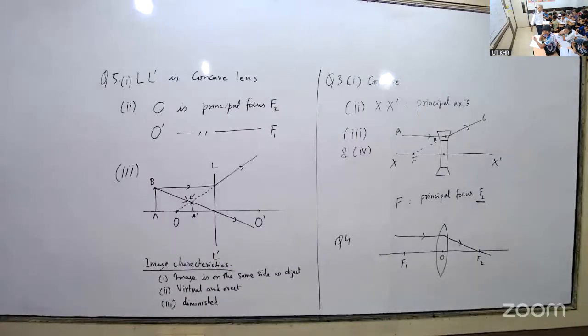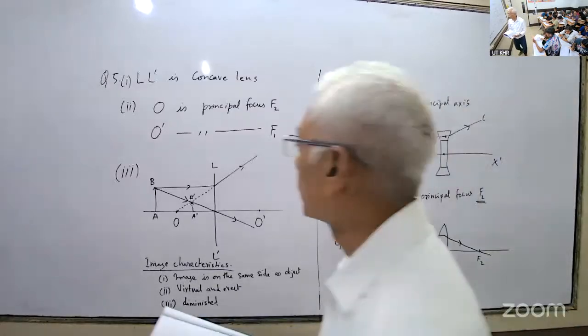Okay, girls, you take question 6. The complete diagram shown in the figure clearly shows the formation of the image A dash B dash of the object AB. Name the points O and O dash, where is the object located, what are the characteristics of the image.